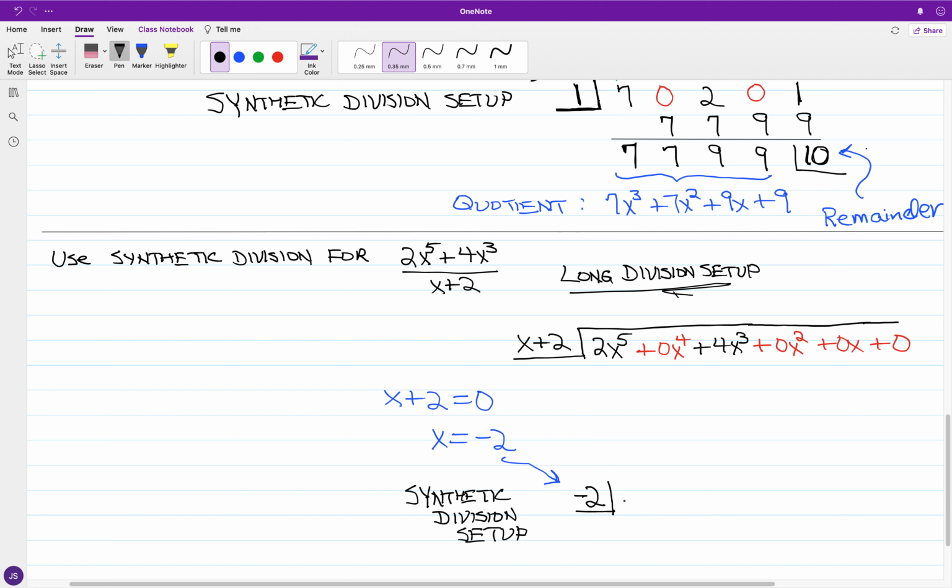Then for the coefficients, we have 2 for 2x to the 5th, 0 for the missing x to the 4th, and 4 for the x cubed, rounding out with zeros for the missing squared and first order terms as well as the constant.